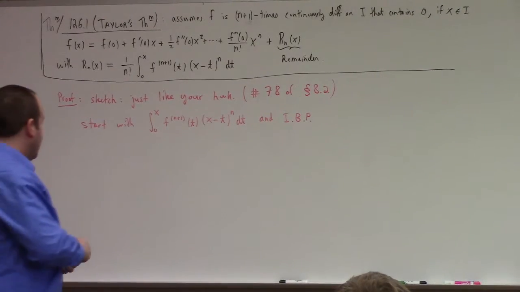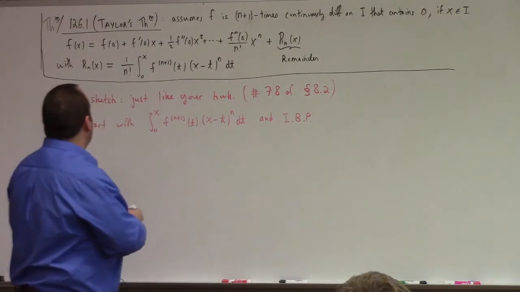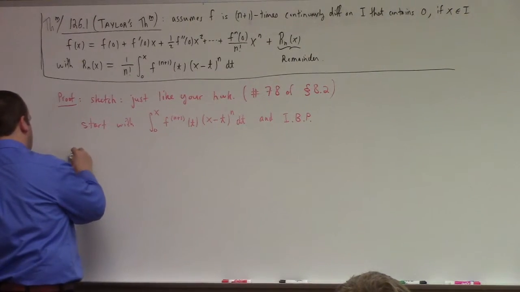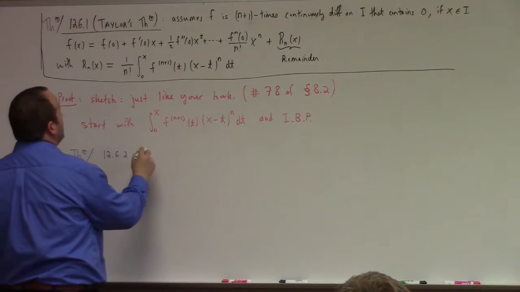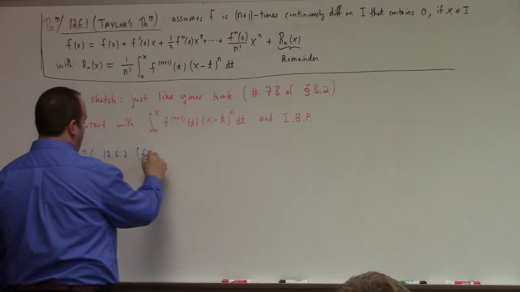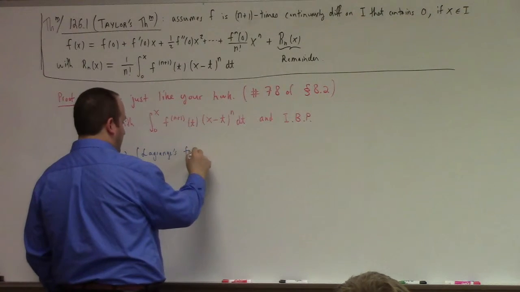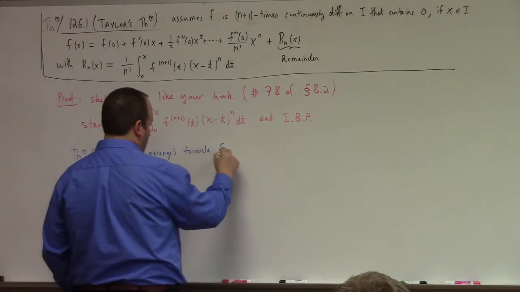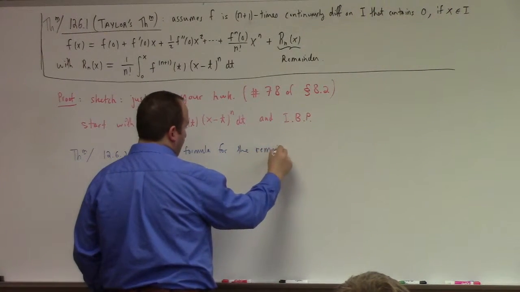Now, what's interesting is it's not this so much. It's the theorem that follows. The next theorem, 12.6.2, which is Lagrange's form of the remainder, I guess, formula for the remainder. What does that say?